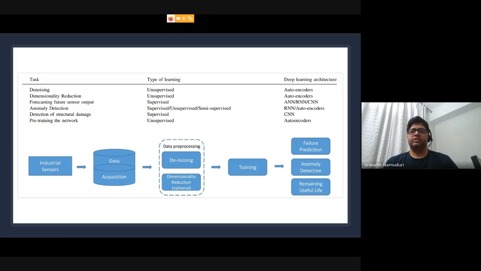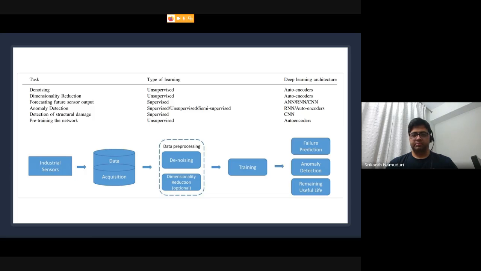So denoising can really help improve our results in several cases. And similarly, when you collect data from hundreds of sensors, let's say different types of chemical sensors, audio, vibration sensors, and things like that, theoretically, let's say you end up with 300 different parameters.